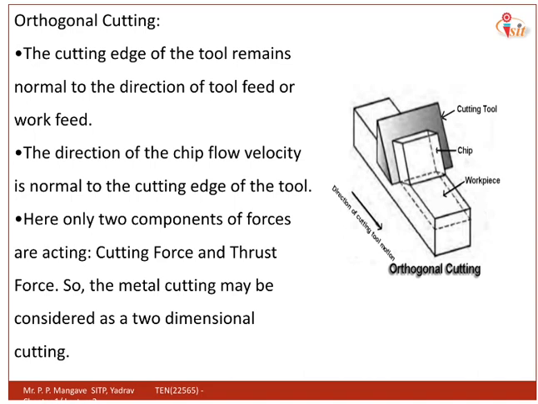They are mainly the cutting force that is applied by the tool on the workpiece, and the thrust force that is applied again between the tool and the workpiece. So as you can see, mainly two forces are generated, the cutting force and the thrust force. Hence it is called two-dimensional cutting, or simply orthogonal cutting.